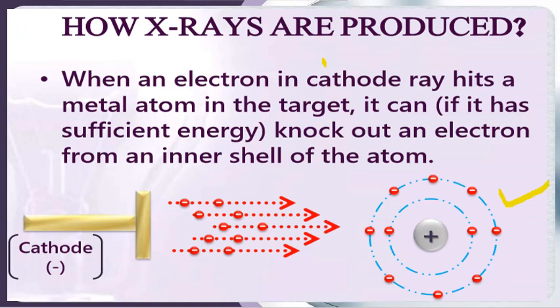It has two orbits in which the electrons are residing. When these cathode rays coming out of the cathode hit this atom of the heavy metal anode, they strike the orbitals and kick out one of the electrons of the inner shell of this system, making it unstable.